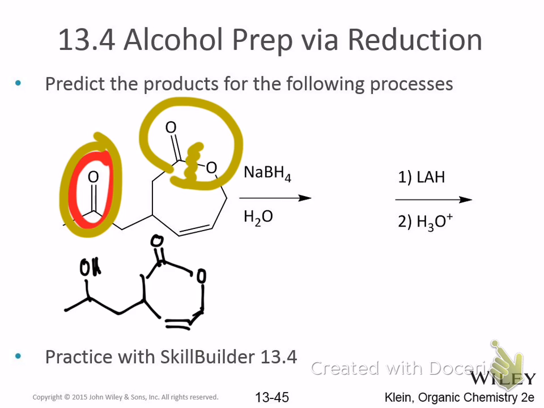Right. So for lithium aluminum hydride, I'll break this bond that's up here, and this will also get reduced to an alcohol. So to make my life easier, or maybe I think it's to make my life easier, I'm going to number this 1, 2, 3, 4, 5, 6, 7.